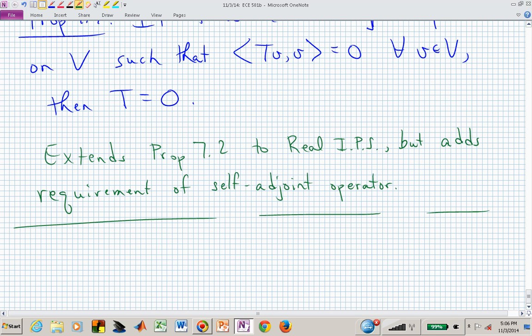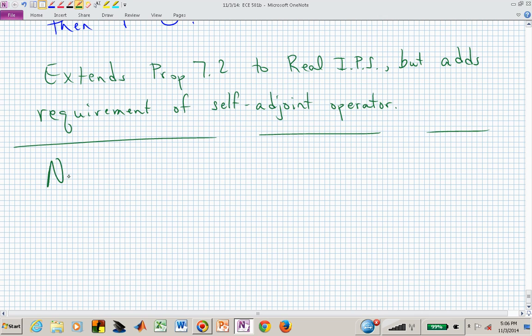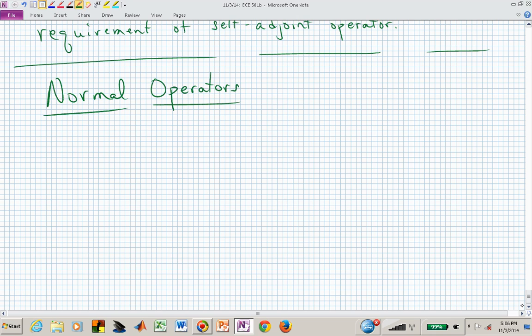Let's now look at a new concept, which is normal operators. We now have linear maps or linear operators. We have their adjoint.